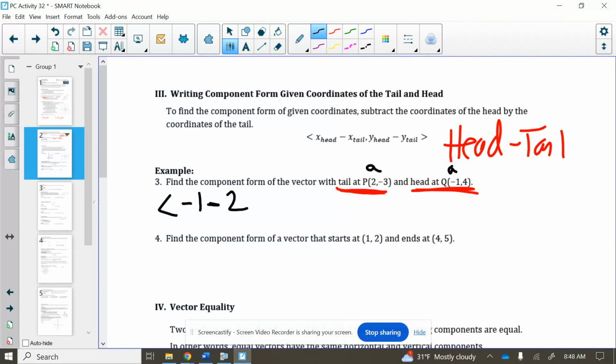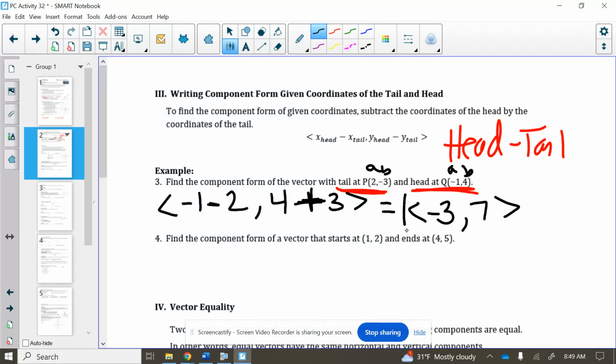These will be our 2 a's, if you will, for the first part. And then we'll do the same thing with the y values to get b, the b value of the head minus the b value of the tail. So in this case, we would move to the left 3 and up 7, because remember, minus a negative really turns into addition. This would be our component form.